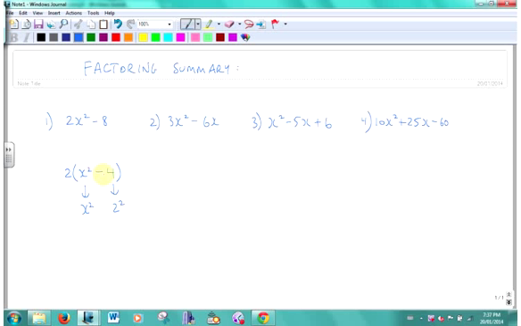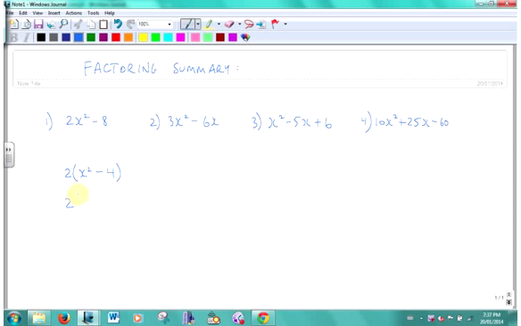So you ask yourself a question. Can you take the square root of it? Can you take the square root of x squared? Yeah, that's x. Can you take the square root of 4? Yes, that's 2. There's a minus in between the 2 terms, so this is our definition of a difference of squares.